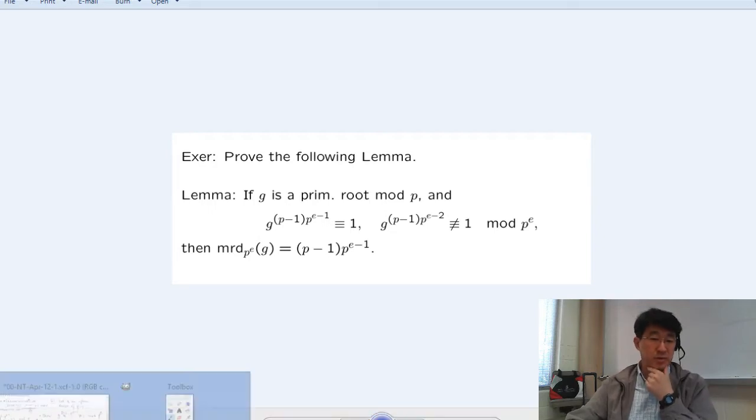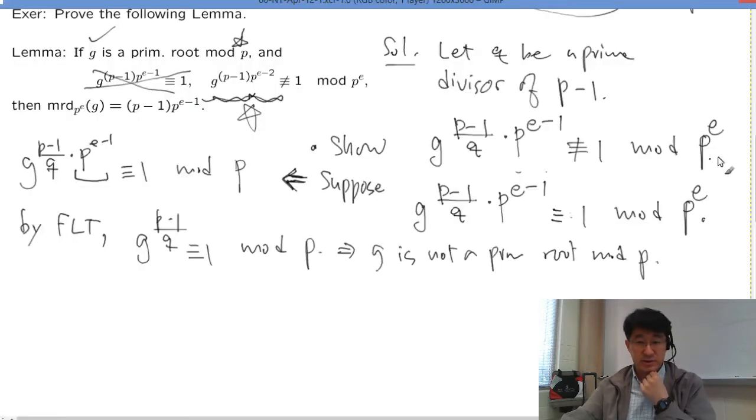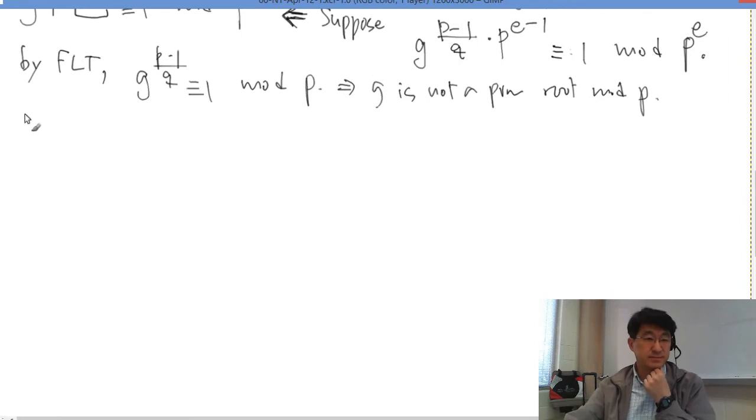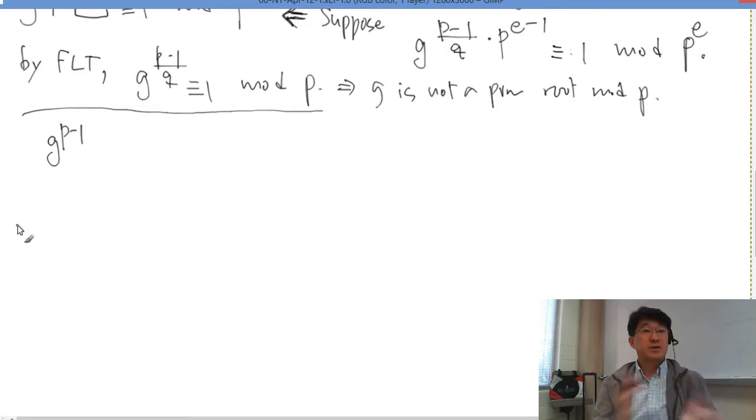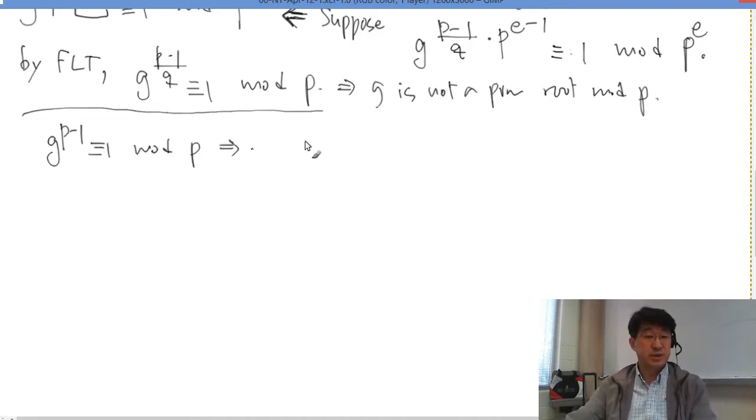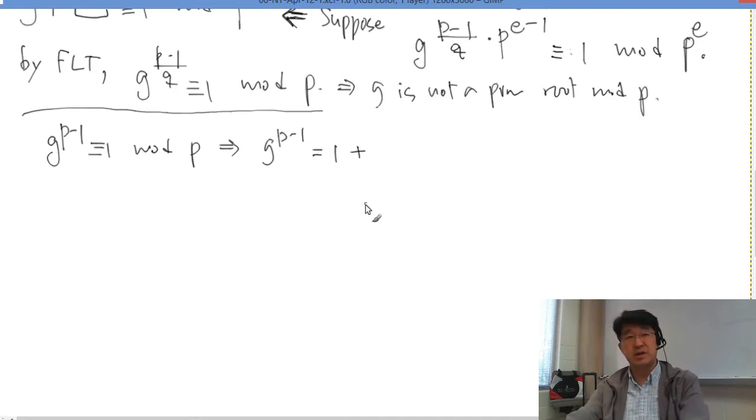Then let me start like this. Primitive root, and G to the P minus 1, it doesn't matter if it's a primitive root or not. This is going to be 1 mod what? P, if it's a primitive root. Let's write it as an expression here. G to the P minus 1 is 1 plus, not congruent. How would you write this as an equality at the integer level?